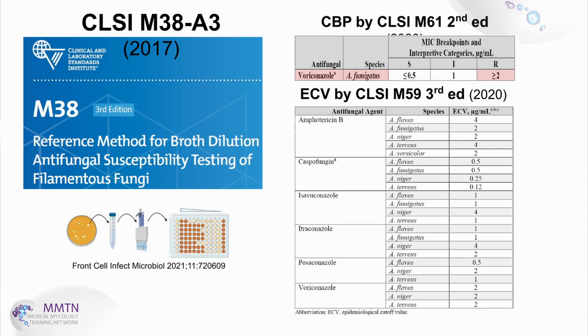But so far, CLSI only provides one clinical breakpoint, that is the voriconazole clinical breakpoint for Aspergillus fumigatus. Aspergillus fumigatus with voriconazole MIC higher than or equal to 2 is considered voriconazole resistant. And this value is similar to the voriconazole clinical breakpoint proposed by EUCAST.